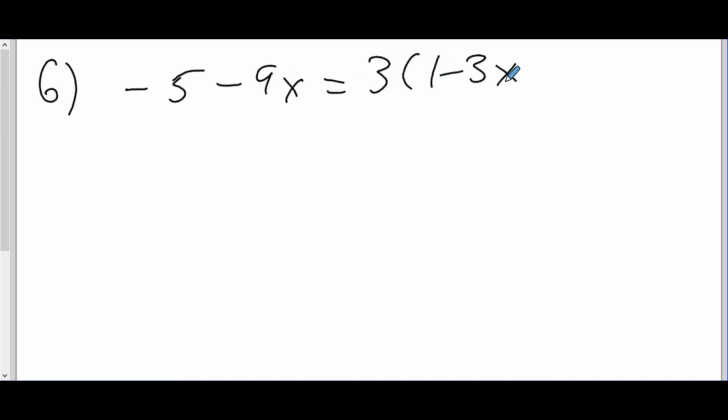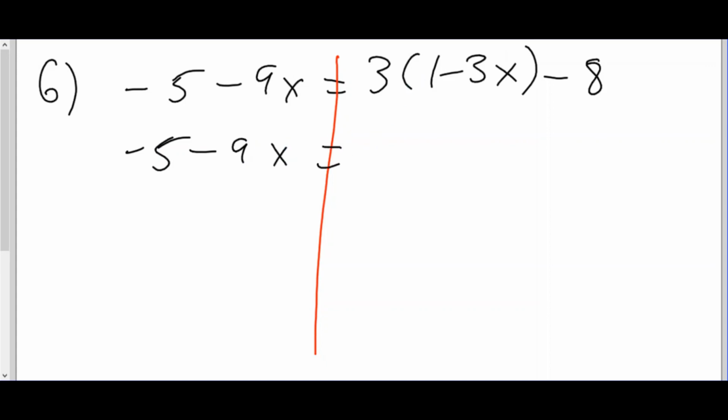Number 6. Negative 5 minus 9x equals 3 times 1 minus 3x minus 8. Simplify both sides. This side's going to stay the same for now. I will distribute the 3 to get 3 minus 9x minus an 8.